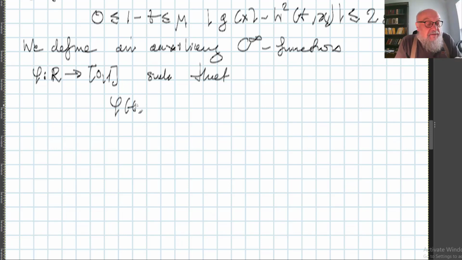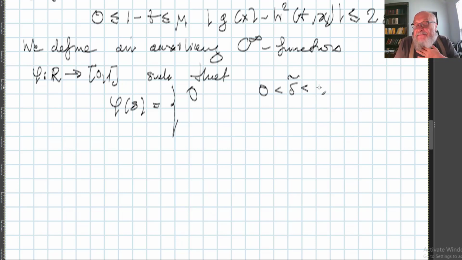So this is phi of s, maybe put here s is equal to 0 if t is between 0 and delta tilde, which is strictly smaller than mu over 2, and it will be 1 if, sorry, I didn't write s, so this is s, and this one is smaller or equal than delta tilde, which is assumed to be strictly smaller than mu over 2, so we can always construct such a function.